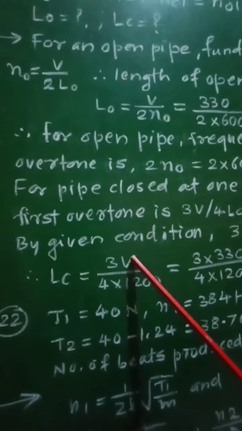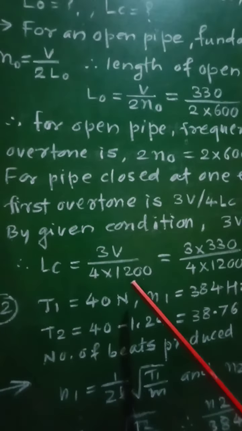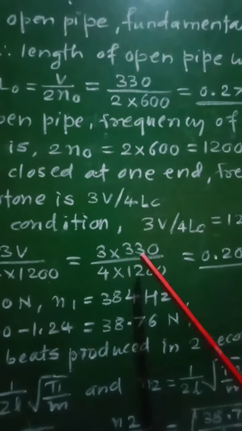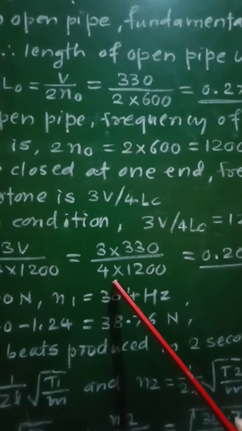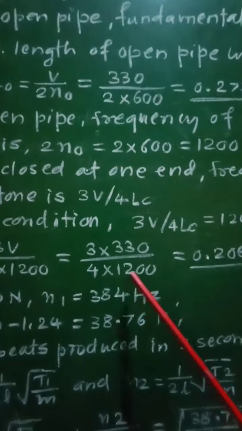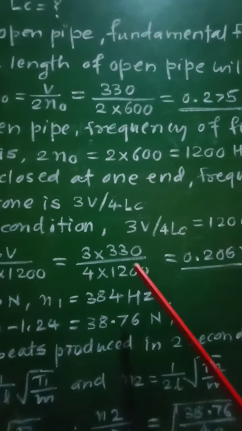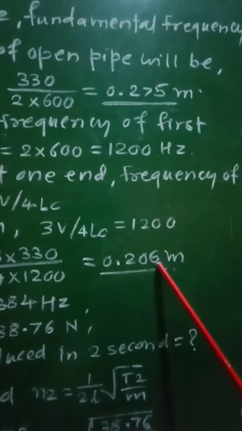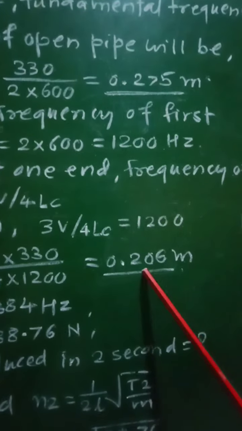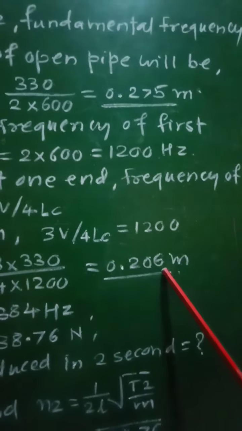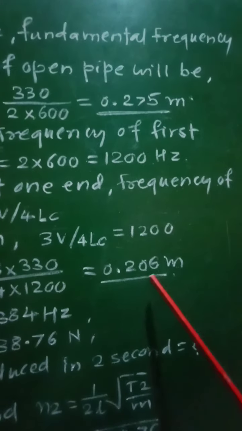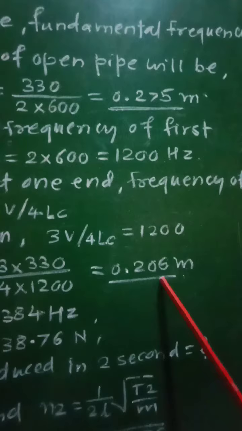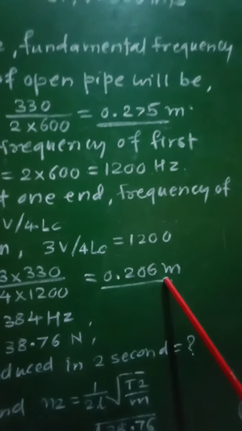LC is equal to 3 into 330 divided by 4 into 1200. Calculating this, we will get 0.206 meter, and this will be the length of the closed pipe. Length of the closed pipe equals 0.206 meter.